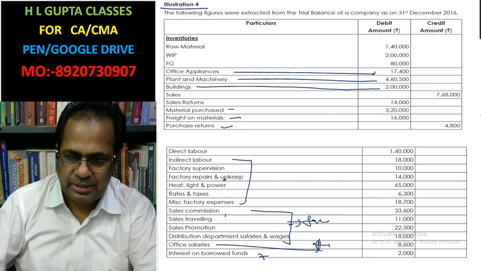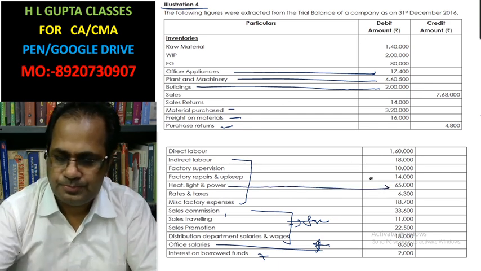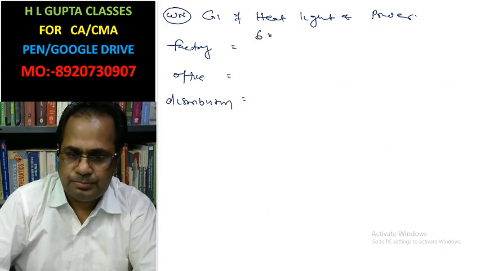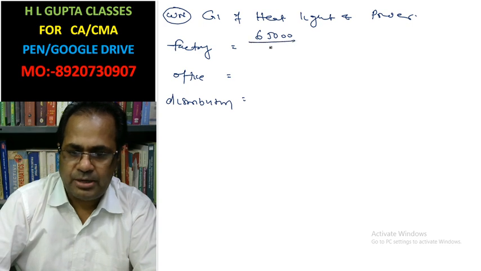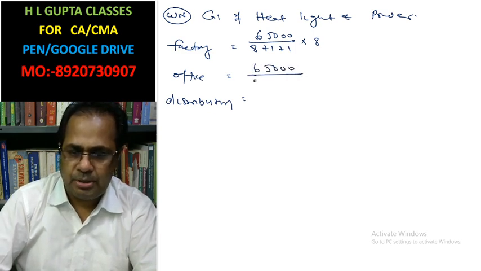Here it is written: 65,000. 65,000 divided by 8 plus 1 plus 1, into 8, and into 1.